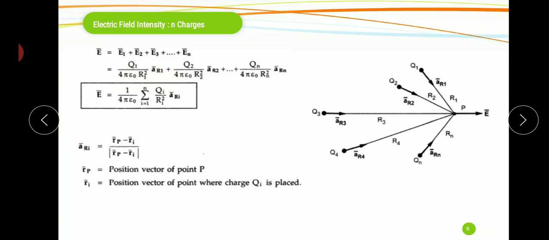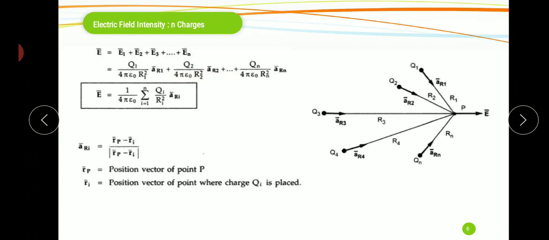Next, we find the electric field intensity due to the q2 charge. The distance between these two positions is r2, and the unit vector along this direction is a bar r2. The electric field intensity at the point P is indicated by E2. The expression for E2 is q2 by 4 pi epsilon naught r2 square a bar r2.